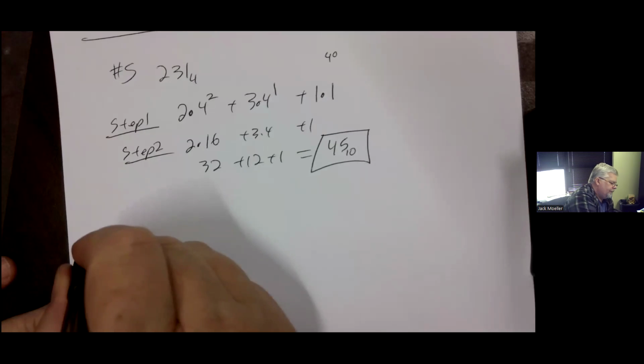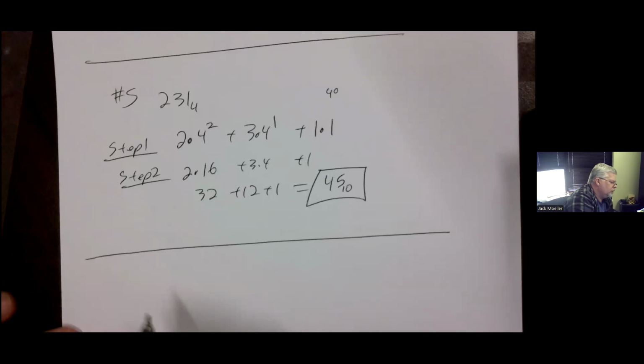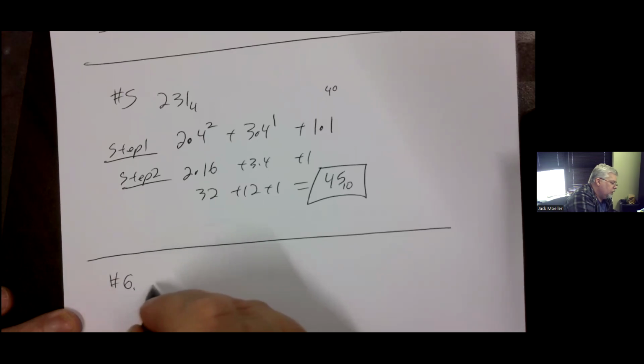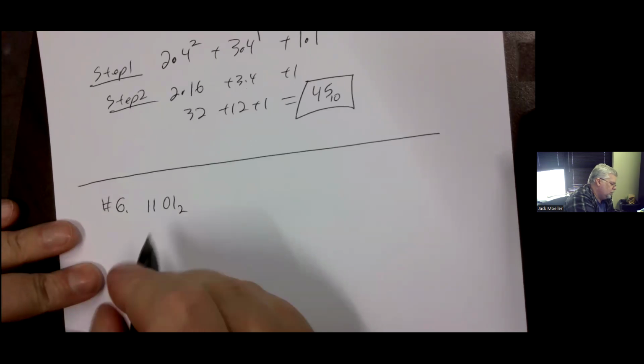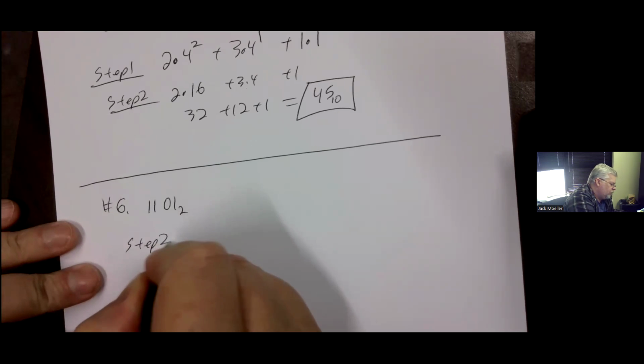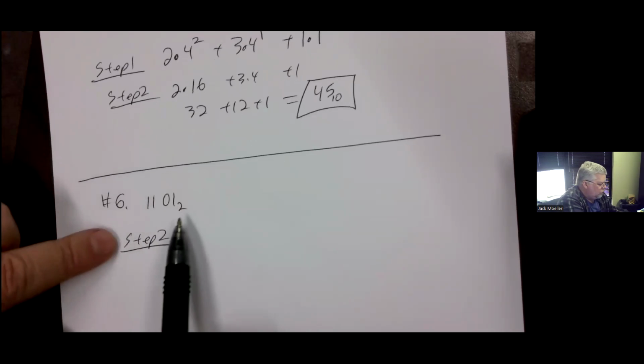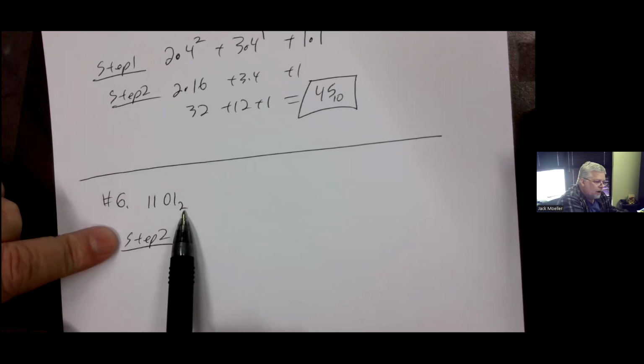Let's do some binary. So number 6 is we have 1101 base 2. We want to convert this to base 10. So let's put this in expanded form. 2 is our base, so we're doing powers of 2 for our place values.